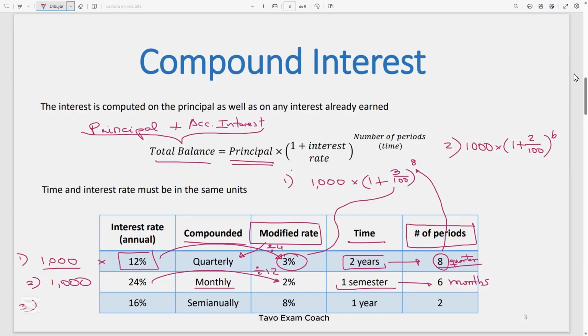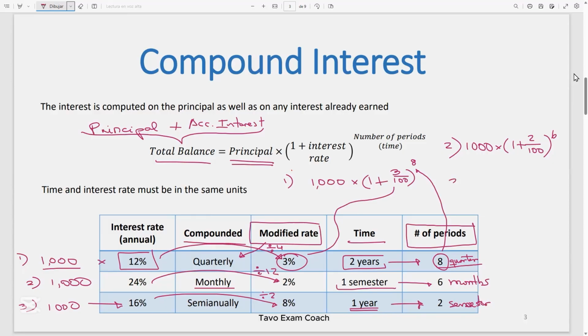In the third example, the same $1,000 set to earn interest at an annual rate of 16%, but compounded semi-annually for 1 year. Okay, so the modified rate corresponding to 1 semester is 8%. You just divide 16 by 2. And the year of the duration, you can express in 2 semesters, 2 periods of half year each.